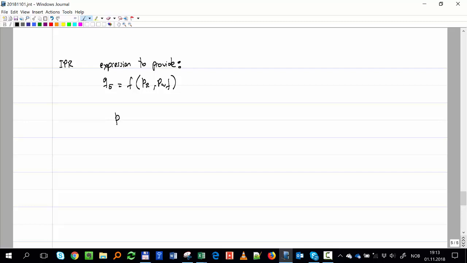So the reservoir pressure is actually the average pressure in the reservoir, in the drainage volume that I have. Like in the previous case, you have P and you have the radius R, and then you have a very big change like that.